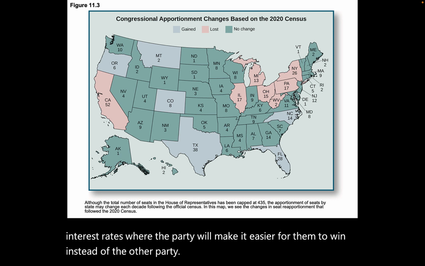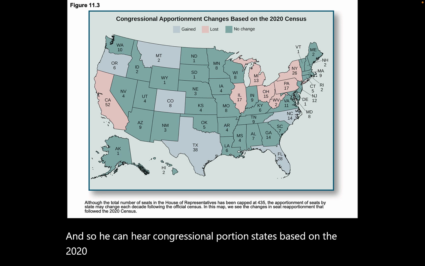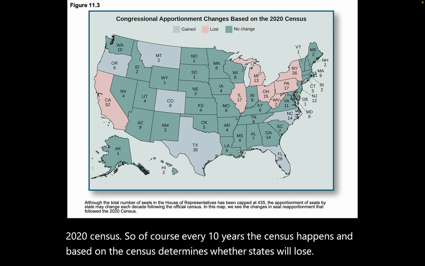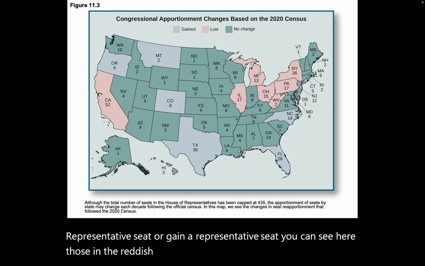And so you can see here congressional apportionment by state based on the 2020 census. Every 10 years the census happens, and based on the census, it determines whether states will lose a representative seat or gain a representative seat. You can see here those in the reddish lost a seat or two, depending on their population.